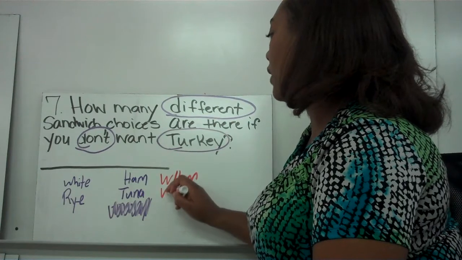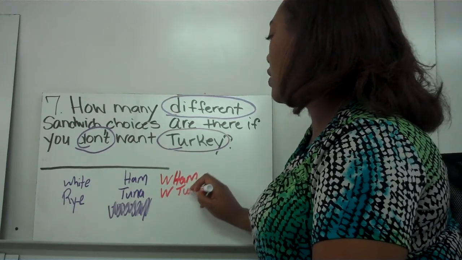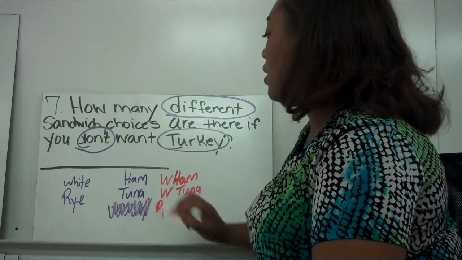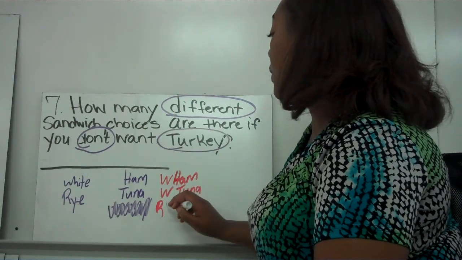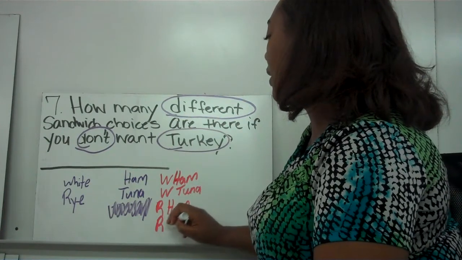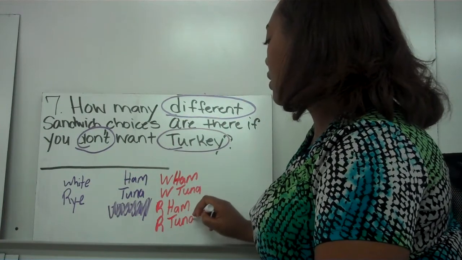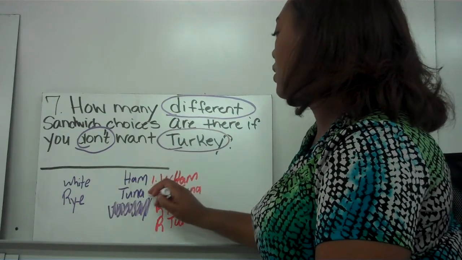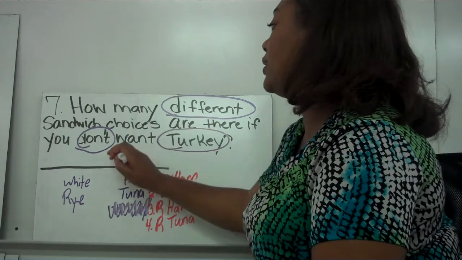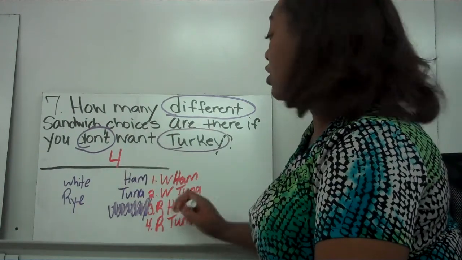We can have white bread with tuna. Now, in this one, we can use our rye bread. So we can have rye bread with ham. We can have rye bread with tuna. So altogether, we can have 1, 2, 3, 4 different choices if we don't want to use turkey.